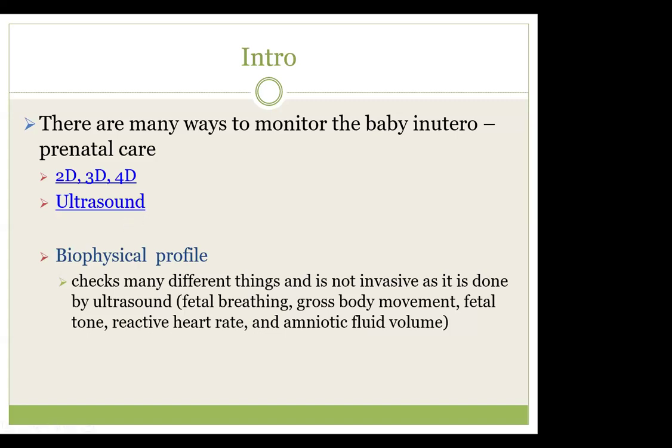You can see the heartbeat, the umbilical cord, the organs, heart chambers, kidneys, and it's accurate at about 13 to 15 weeks, but they usually wait until about 18 weeks, and they do what they call an anatomical ultrasound.